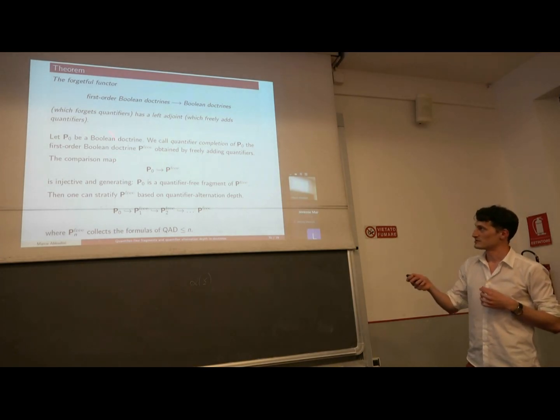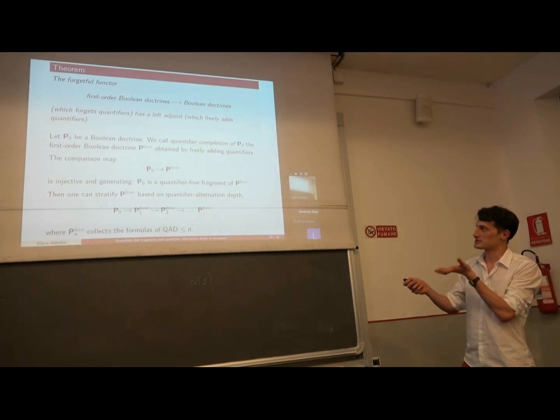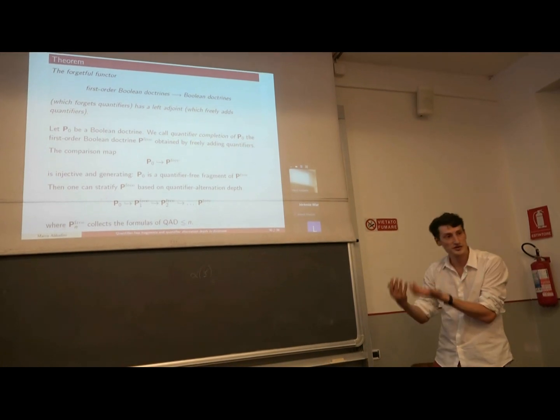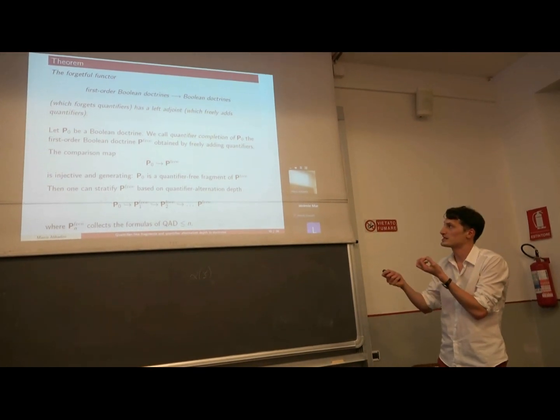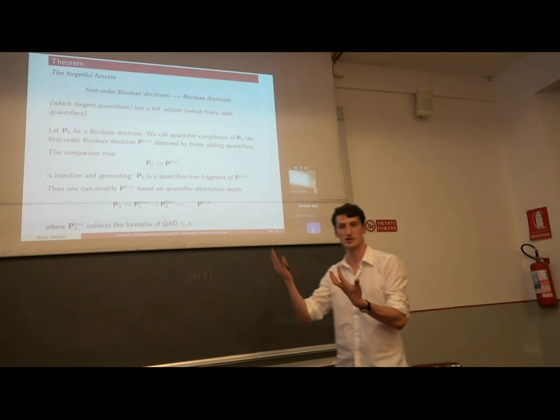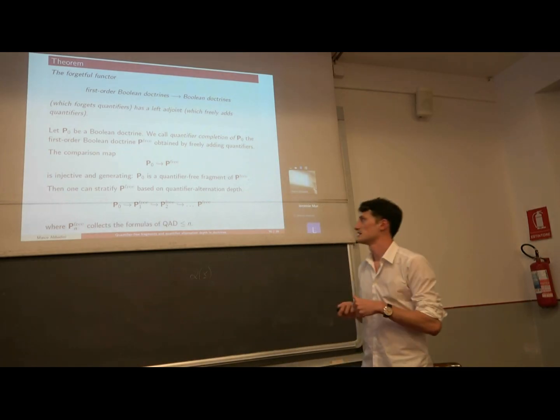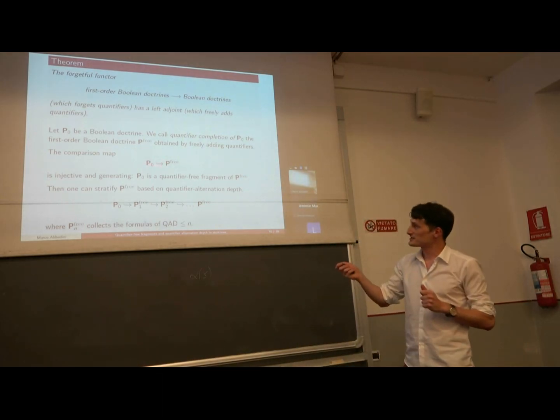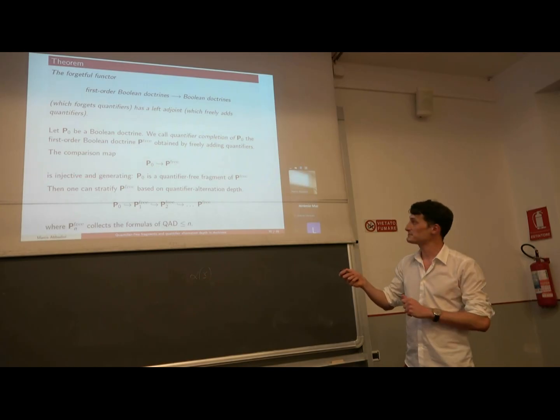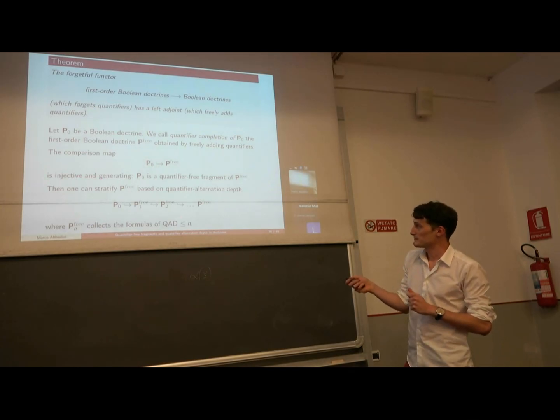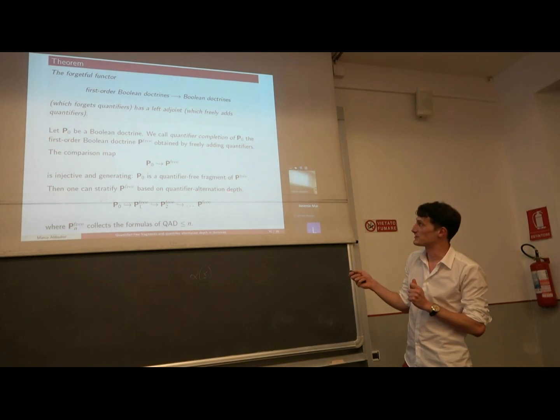You should think of P0 as encoding a universal theory, and P3 as all the formulas modulo this universal theory. This comparison map is injective and generating, so P0 in fact is a quantifier-free fragment of P3.